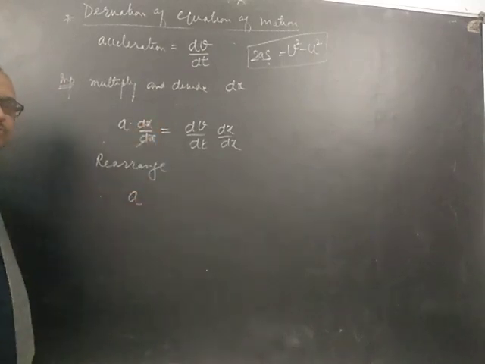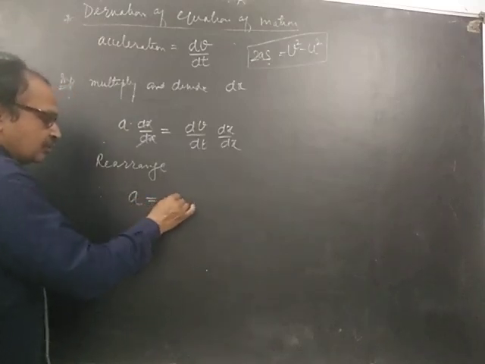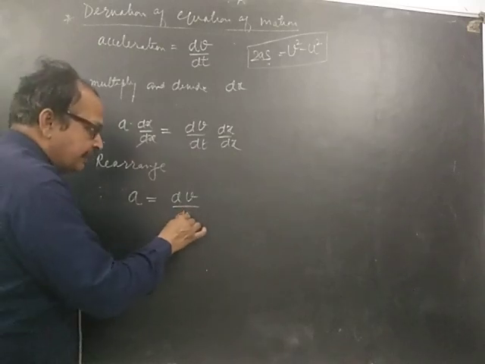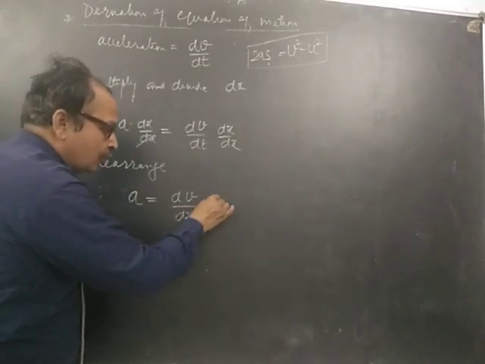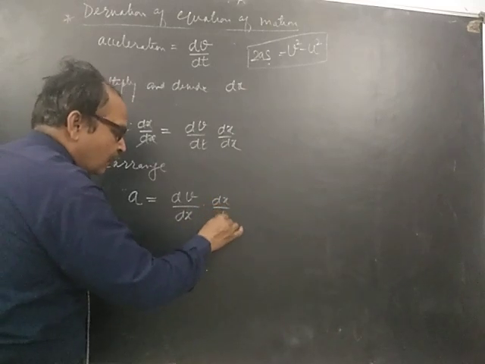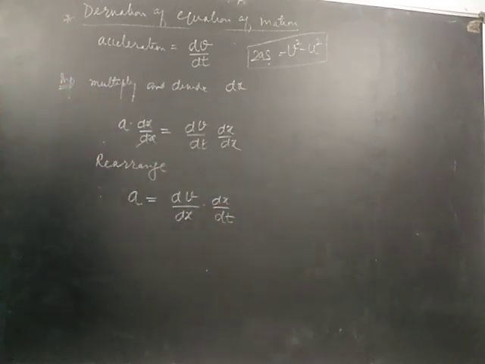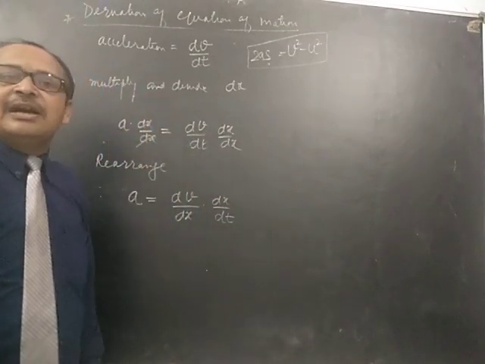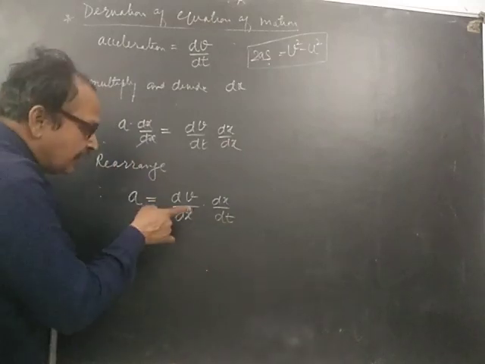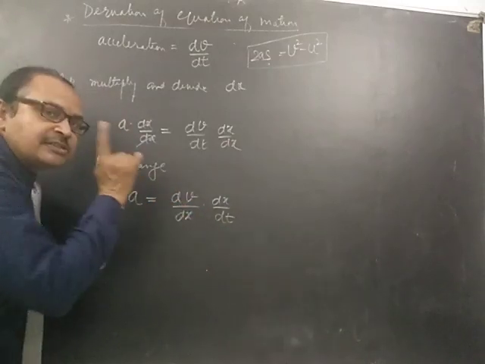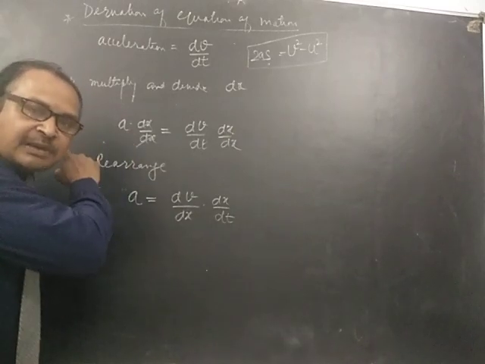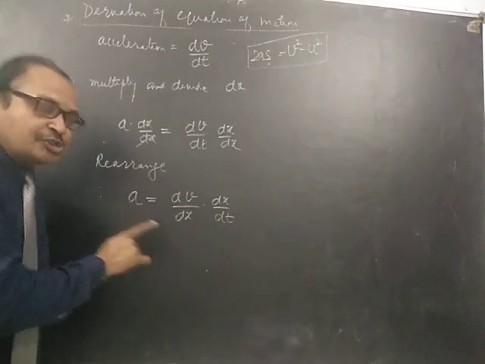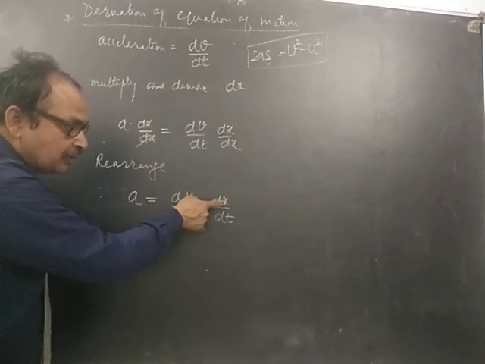So when we rearrange, what do we get? A is equal to dv over dx into dx over dt. Any doubt? We just interchanged these two. The reason is that dx by dt is, as we did in the last article, velocity, the rate of change of displacement.